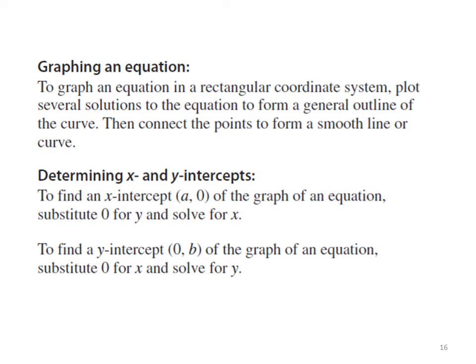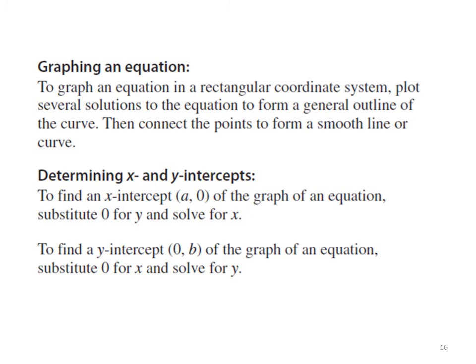You cannot graph all the points, but you can always select a few values for x, and then for each value of x you can calculate y, so you end up with a limited number of points. Then you can graph the points and connect those points together, and that should give you an idea what the graph looks like. The more points you use, the closer you are to the actual graph of the equation.